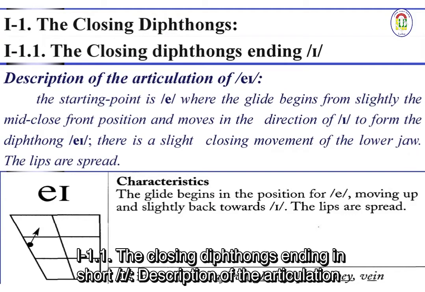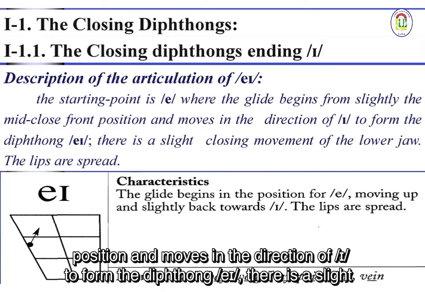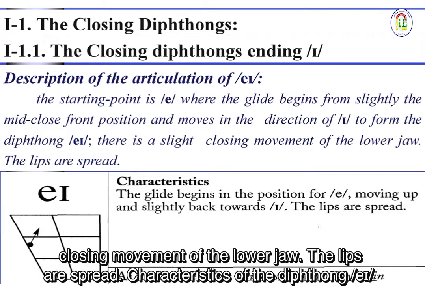The closing diphthongs ending in short E. Description of the articulation of A. The starting point is A, where the glide begins from slightly the mid-close front position and moves in the direction of E. To form the diphthong A, there's a slight closing movement of the lower jaw. The lips are spread.